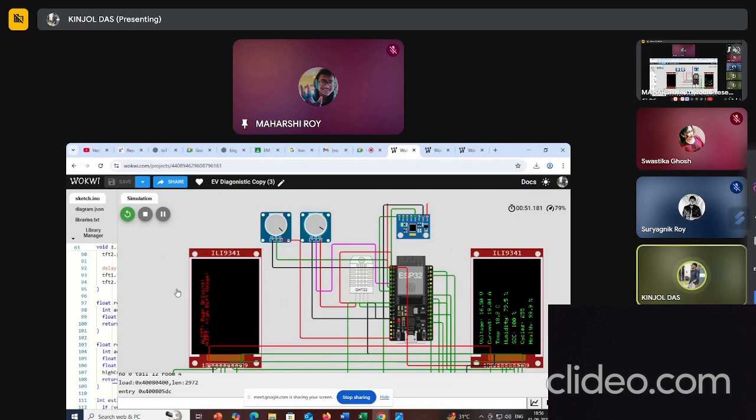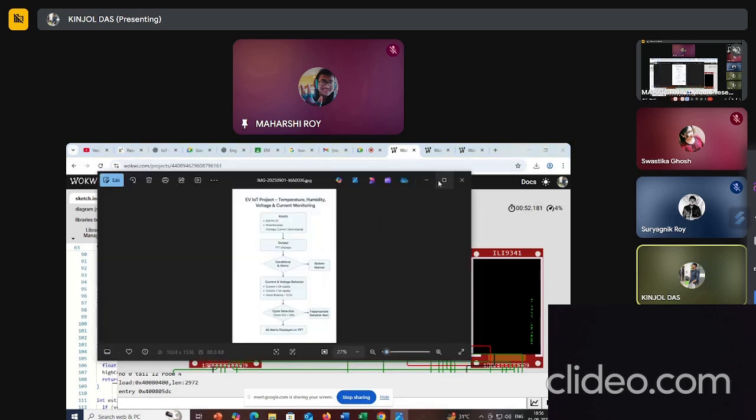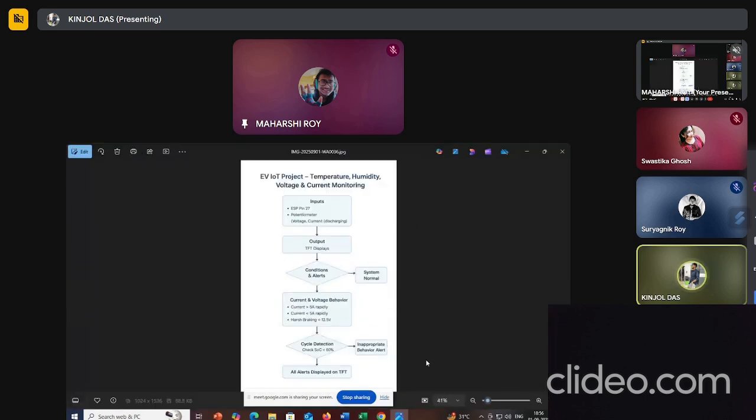So this is our program, and now I'm going to describe the flow chart. So here is our flow chart. At first the input is taken at ESP32 pin 27, that is the humidity pin, meaning the humidity sensor output.